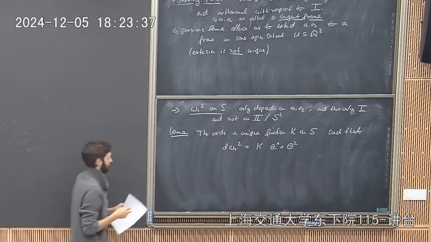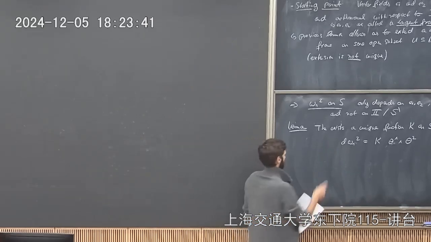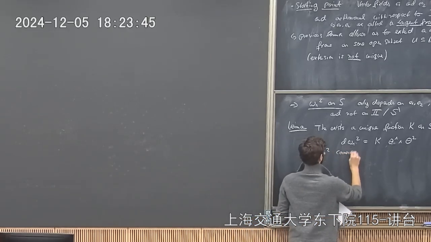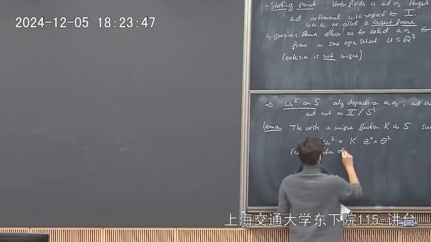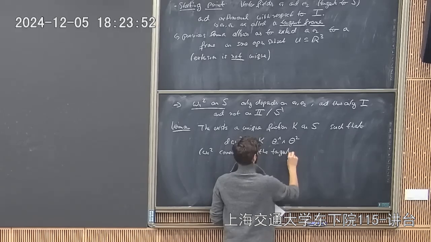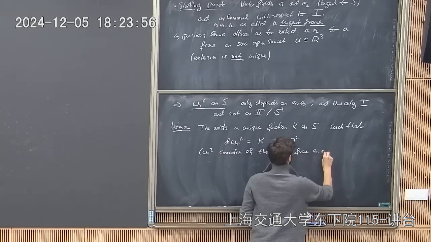But this one is now, ω12 is the connection form of the tangent frame E1, E2.